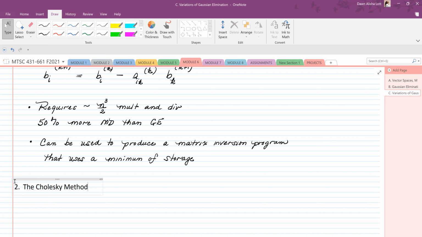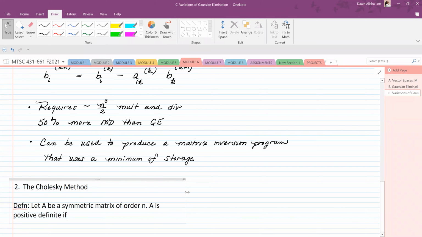So let's just define: let A be a symmetric matrix of order n. A is positive definite if... Now, I don't know if you guys remember the definition of positive definite, but I'm going to give it to you.